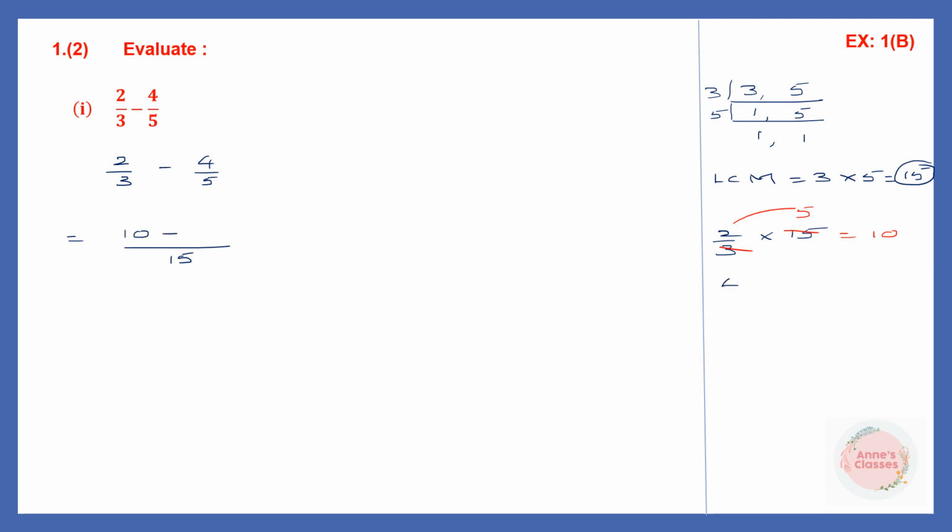Now take the second rational number 4 by 5 into the LCM, 15, cancel, 5 threes are 15, multiply these two, 4 threes are 12. So we have 12 here. So 10 minus 12. Signs are different, so we put the sign of the bigger number and subtract 12 minus 10, which is 2, and the denominator is 15. So what is our answer here? Minus 2 by 15.